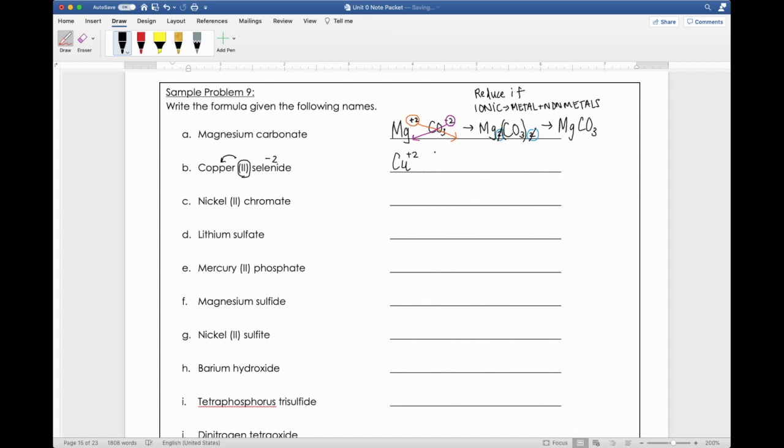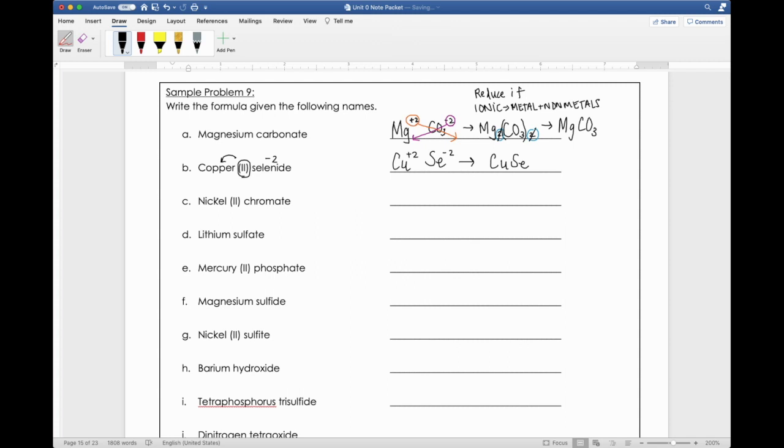So that's what we're going to use here. Same thing as before. Notice how this is a +2 and a -2, and this is an ionic compound. Because it's an ionic compound, those 2's reduce with one another. So your final formula is CuSe, just like that, CuSe.